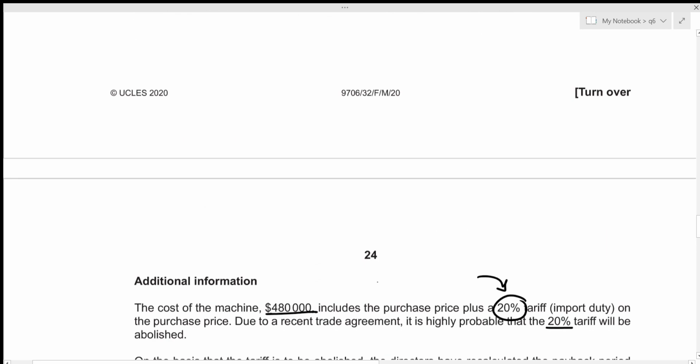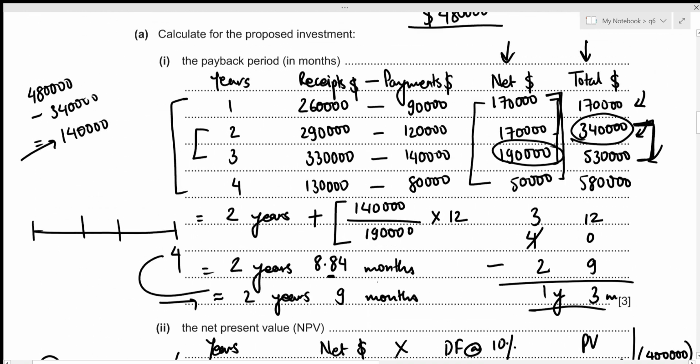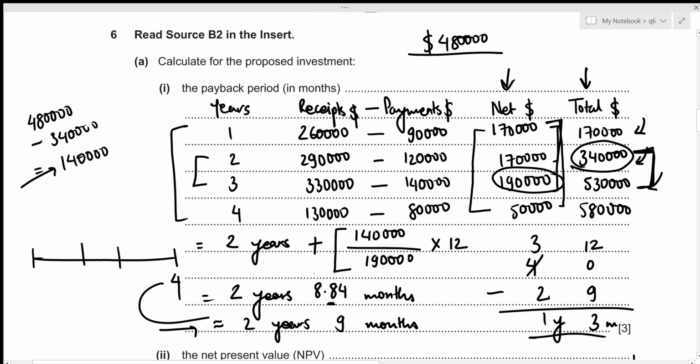Now let's calculate the revised payback period as well. And previously it was 2 years 9 months. So the amount that we require now is 400,000. That is the cost or our initial investment, and 400,000 is definitely in between these two values, which means that our payback period is still going to be 2 years and some months, right?